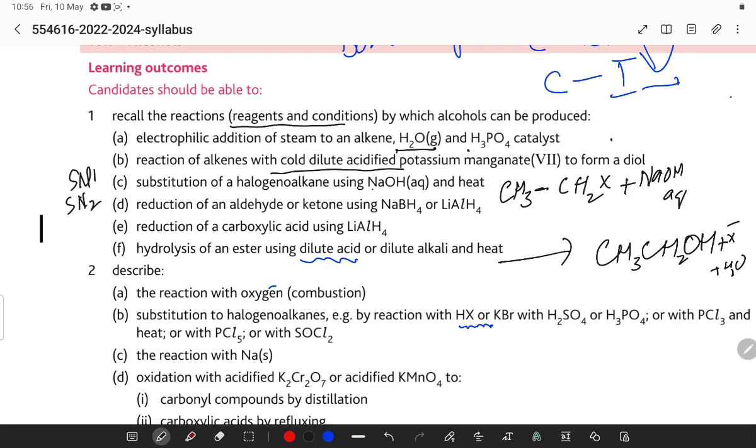Reduction of an aldehyde or ketone using NaBH4 or lithium aluminum tetrahydride as a reducing agent converts ketone into secondary alcohol and aldehyde into primary alcohol.